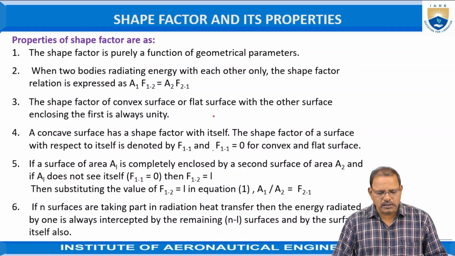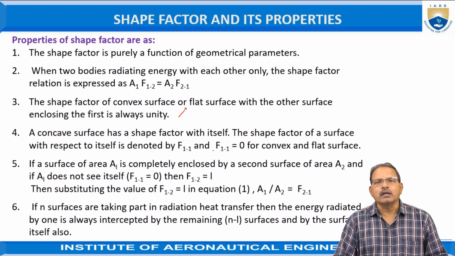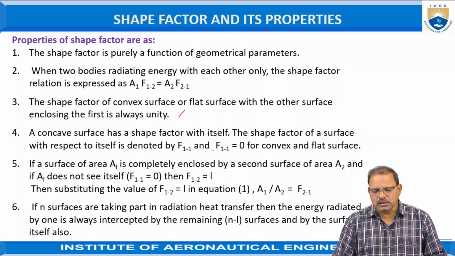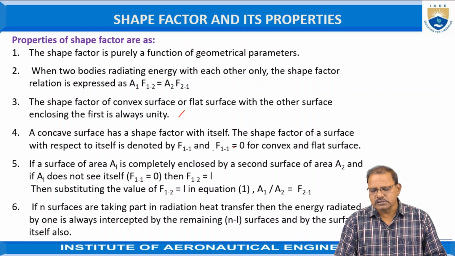Third, the shape factor of a convex surface or flat surface with another surface enclosing the first is always unity. A concave surface has a shape factor with itself. The shape factor of a surface with itself is denoted by F11, and F11 is equal to 0 for convex and flat surfaces.